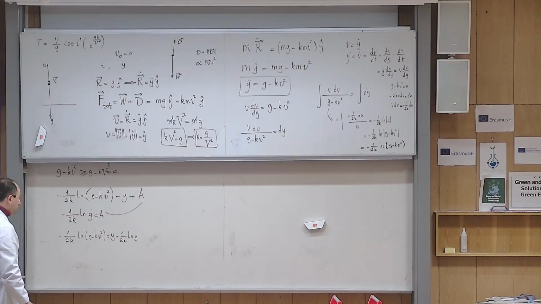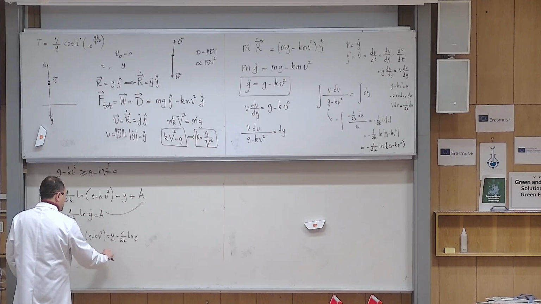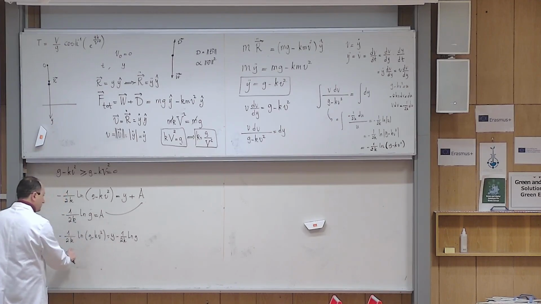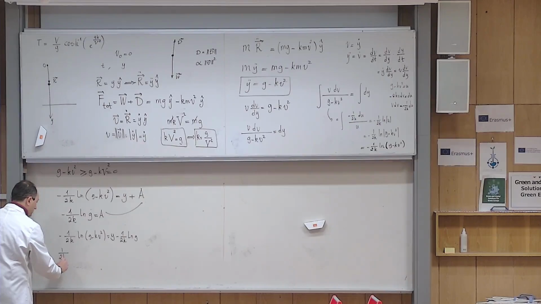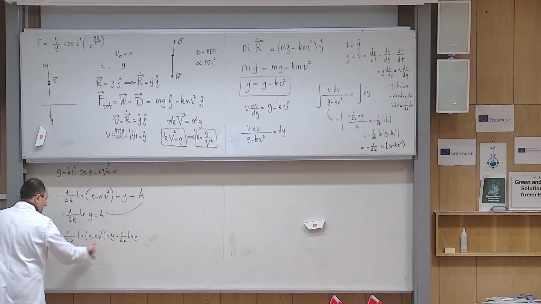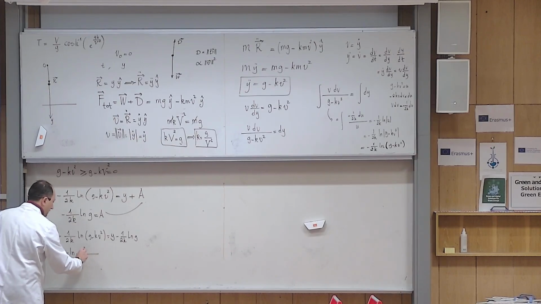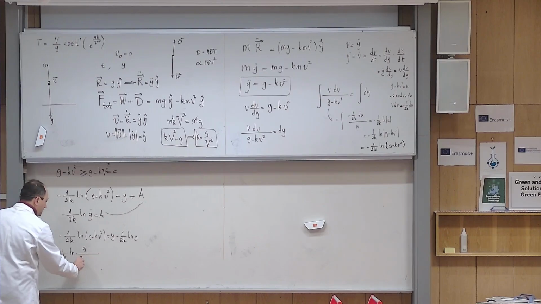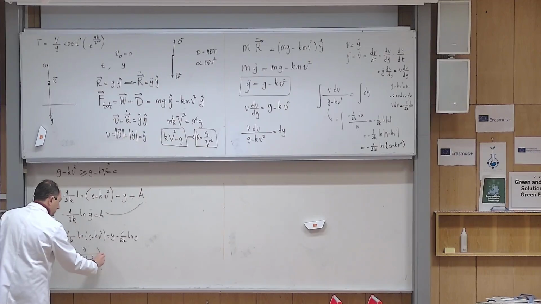And what I want to find is the relation between y and v directly. So I move this to the other side. When it goes to the other side, it becomes positive 1 over 2k. I factor 1 over 2k out: ln of g minus ln of that. I use properties of ln. I can write it as ln of g over g minus kv squared is equal to y.